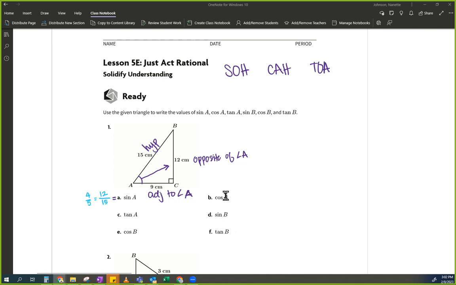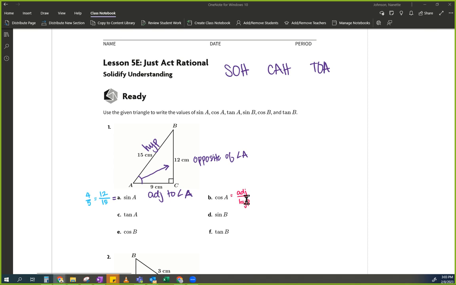Okay, so now that you've tried cosine of this angle, the first thing you're going to do is say, oh, cosine means adjacent over hypotenuse. So you're going to write adjacent over hypotenuse. For the first couple of problems, I'm going to be honest, I write adjacent over hypotenuse until it gets inside my brain.